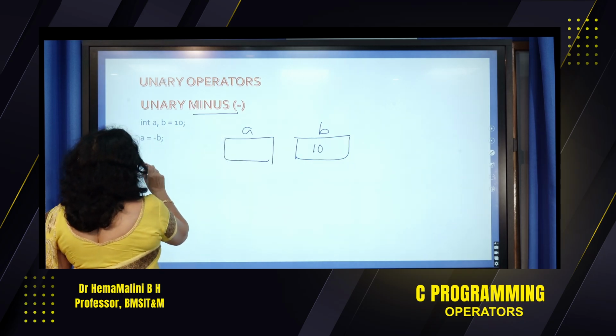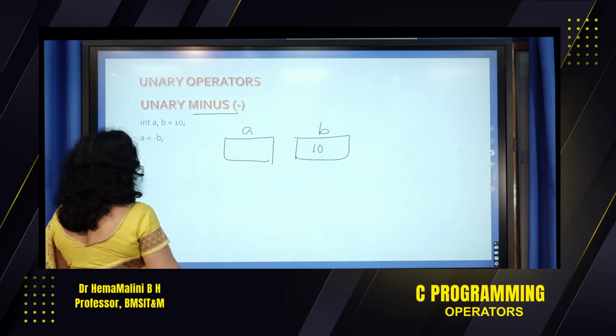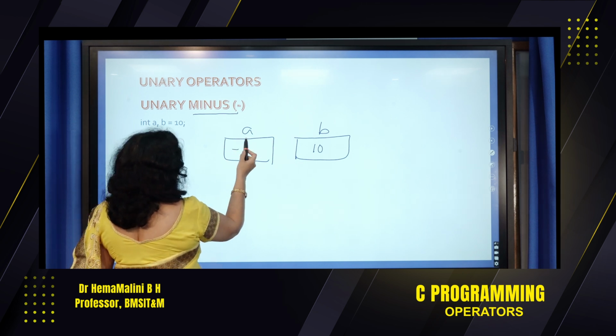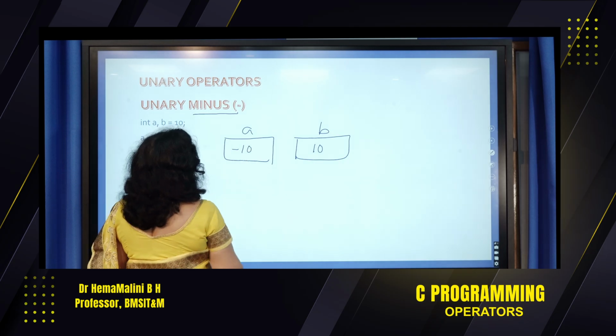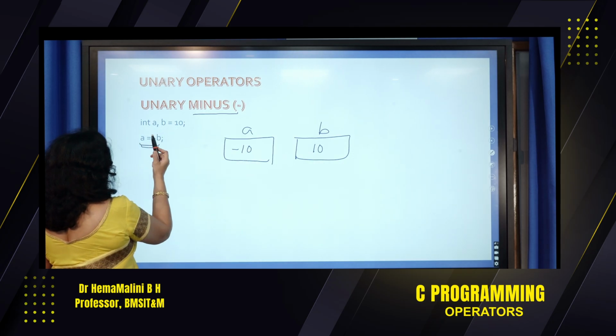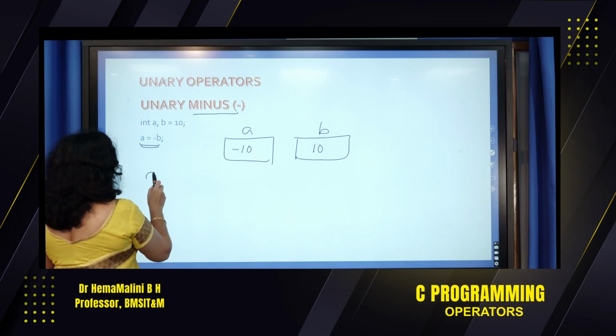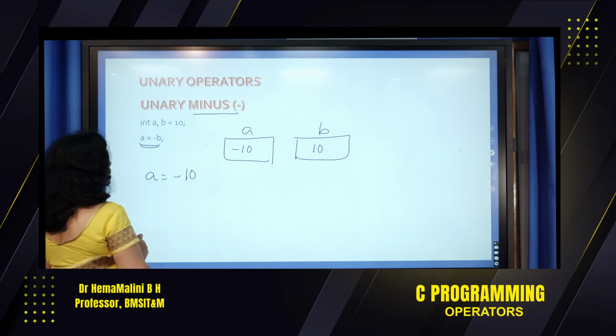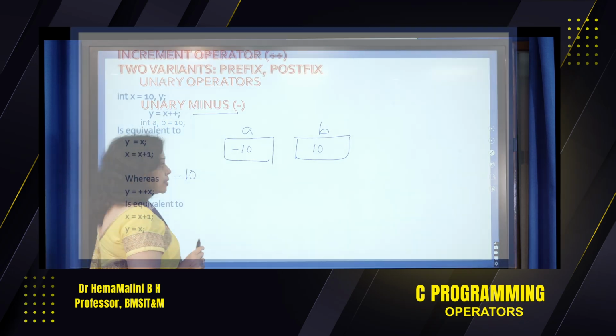So minus b is assigned to a. We are going to take the negative value of this b. B is 10, minus b, which is assigned to a. So a is going to get the value minus 10. So this is unary minus.